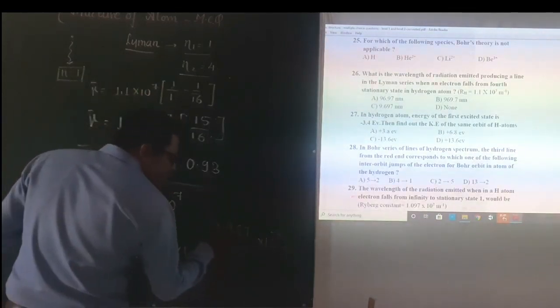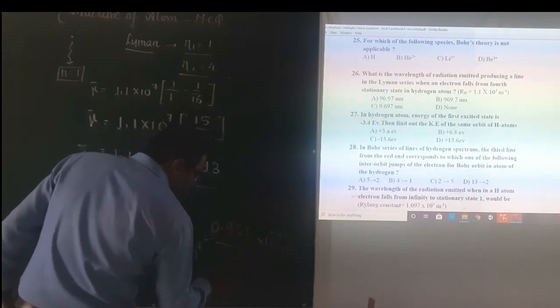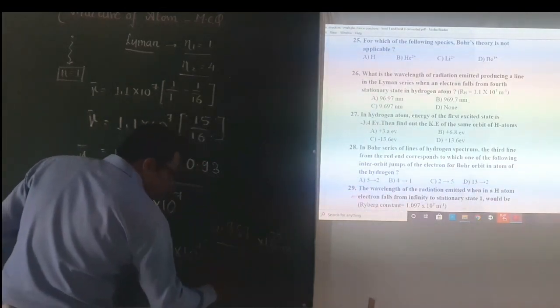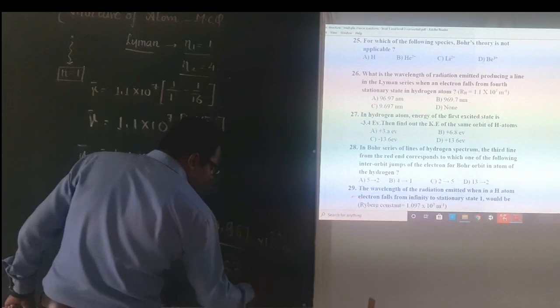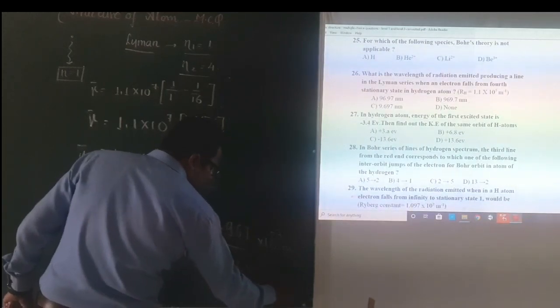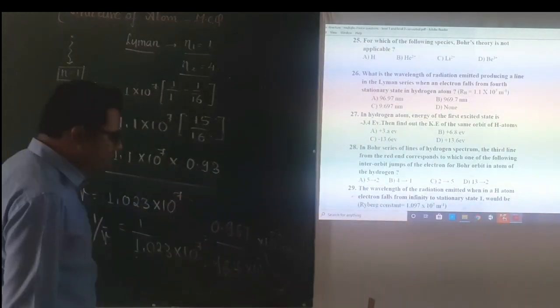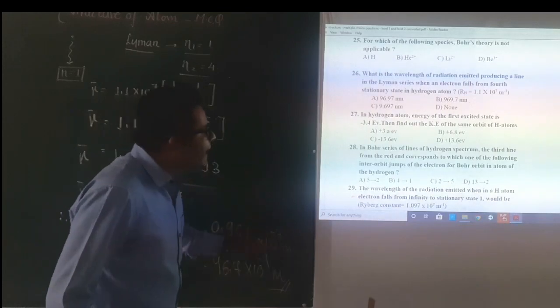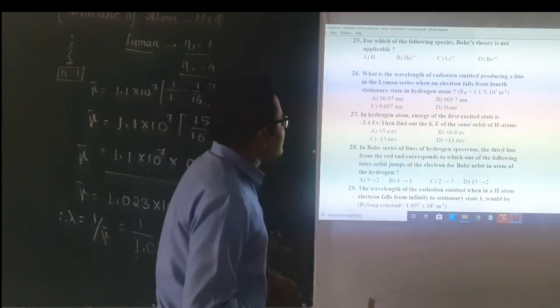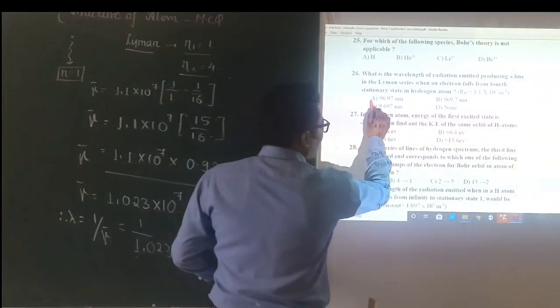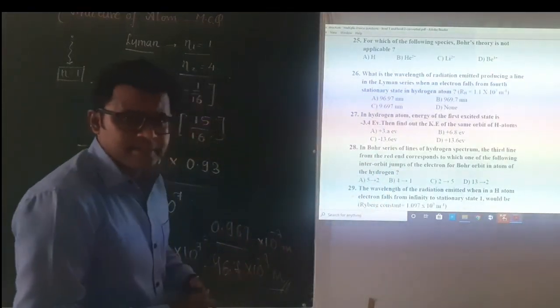So when we shift the decimal by 2 digits, it is 96.7 into 10 raised to minus 9 meters, which is in nanometers. So 96 nanometers should be the correct answer, and that is option A in this case.